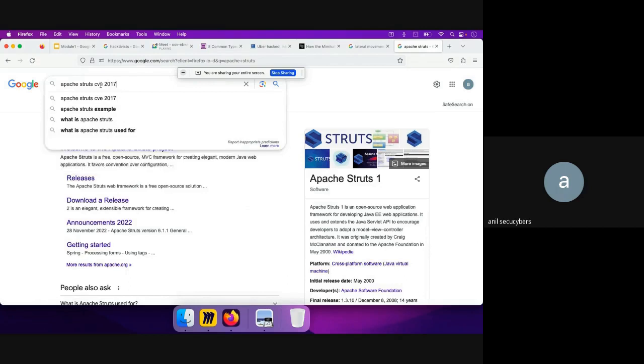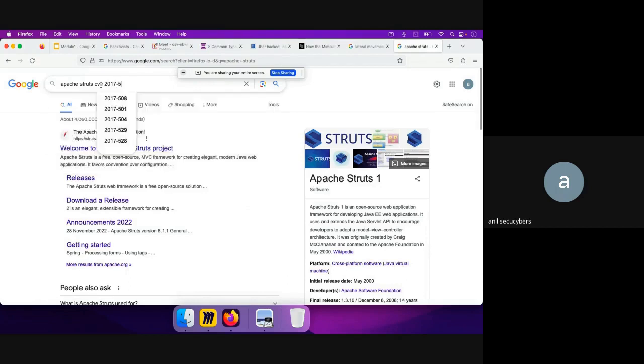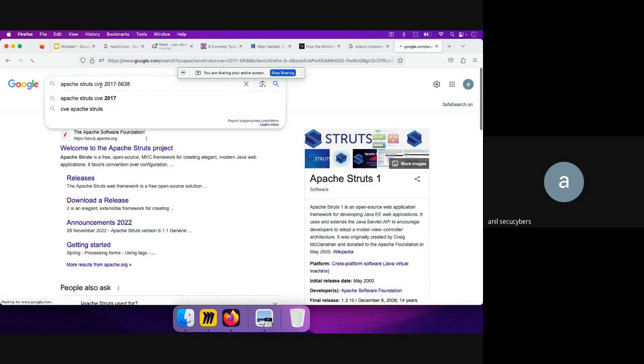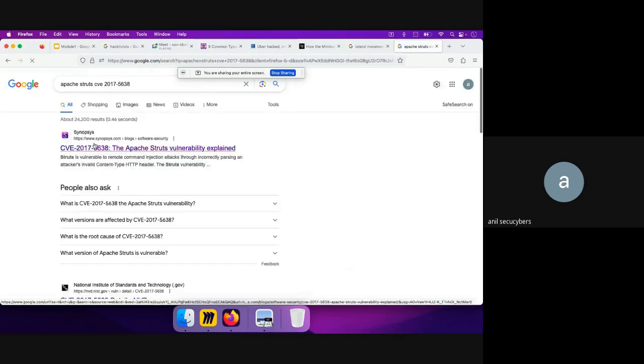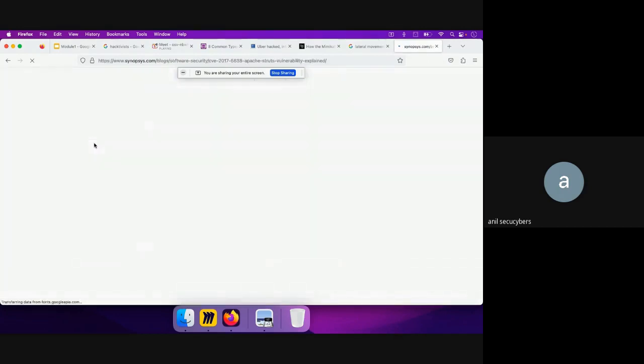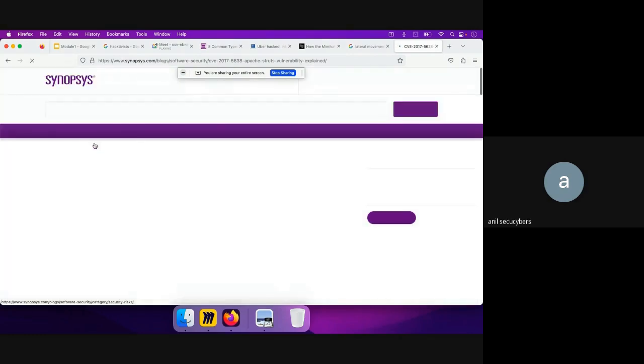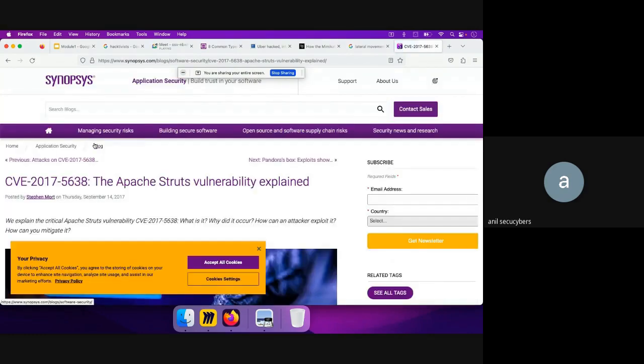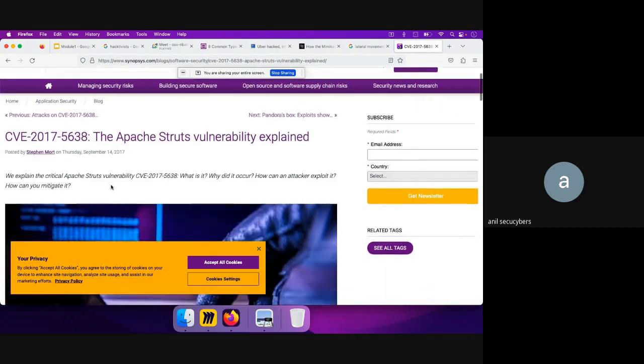CVE-2017-5638. Okay, so what I will ask you guys is, after this session, have a look at this blog going forward, like what this CVE was and what it would do.